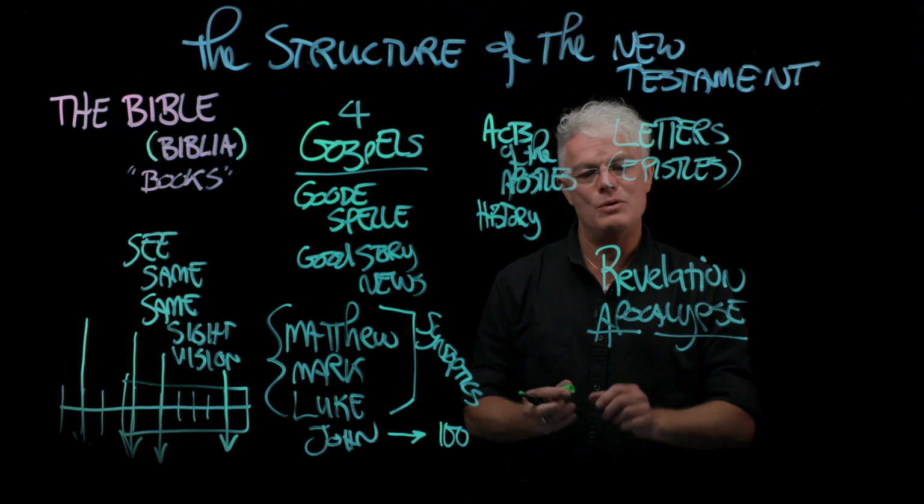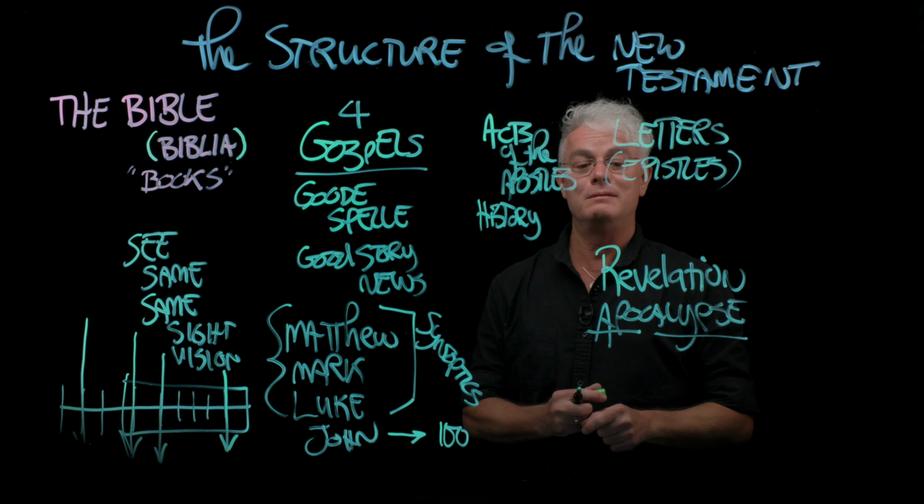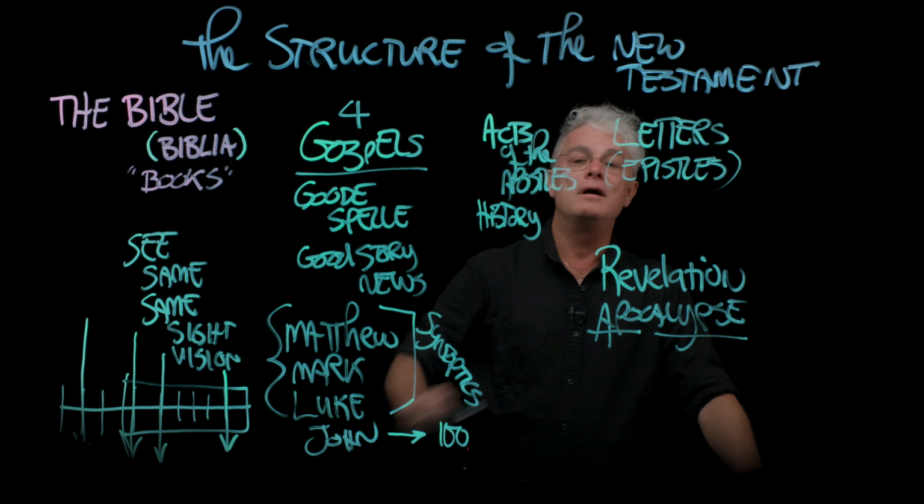Apocalypsis, to unveil, to uncover, to reveal. And so the particular revelations or the visions that were seen by the author, we assume it's John, because he identifies himself as John, it's revealing certain things as they happen. So the four Gospels, Acts of the Apostles, the letters, and the book of Revelation, that all makes up the structure of the New Testament.